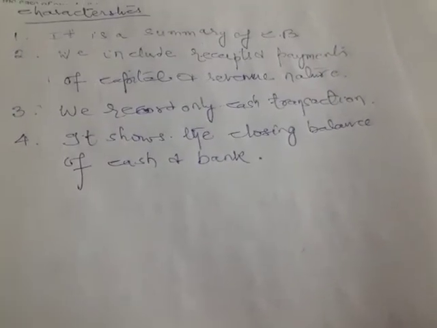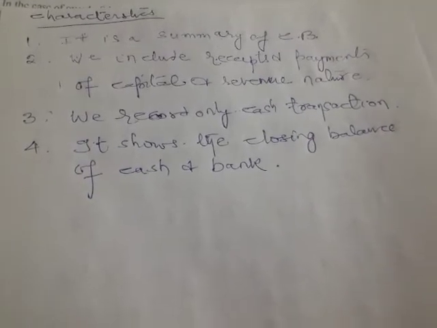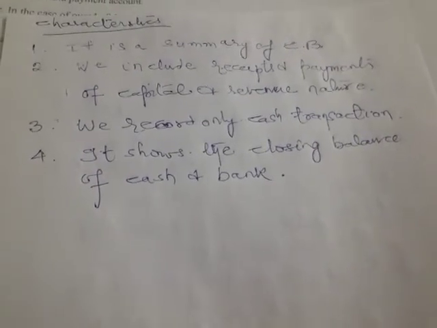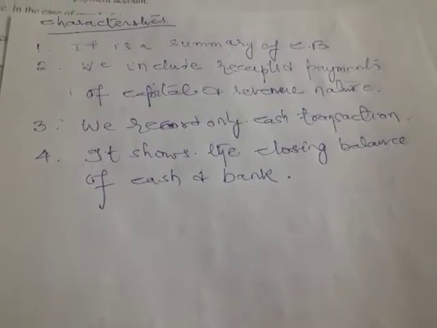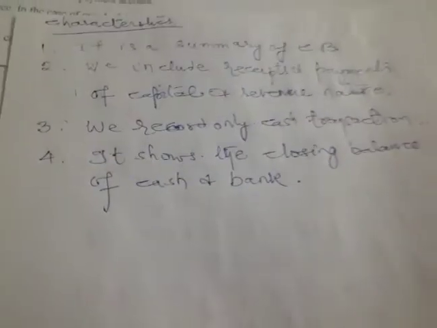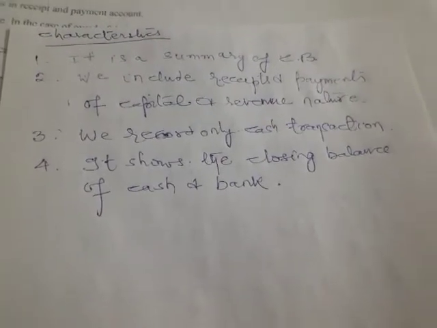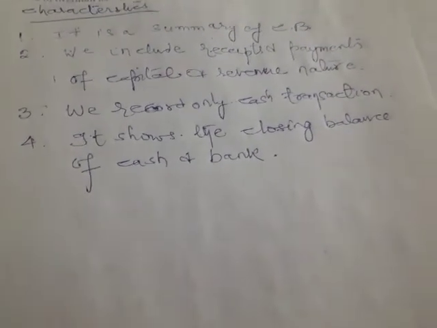At the end of the accounting year, at the end of the current year, when we balance the receipt and payment account, the balance shows the closing balance of cash and bank, if it's favorable. Otherwise, it shows the overdraft balance of bank.